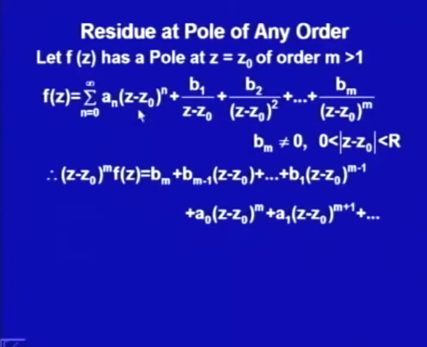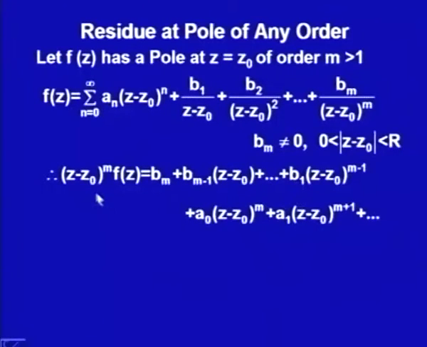Now, since z0 is a pole of order m, it says b_m should not be 0, and this expansion is valid for all |z - z0| less than r. That says when I take z approaching z0, all these terms will approach 0. The only term which would be left is this b_m, and that is not 0.